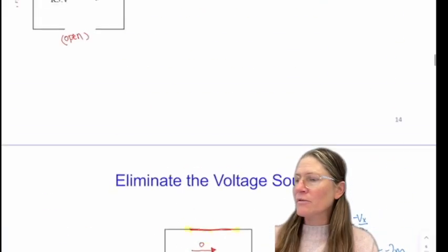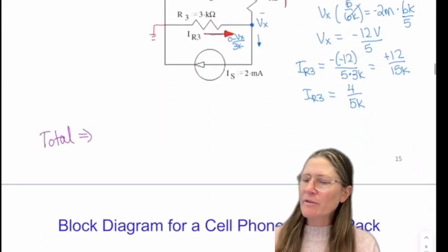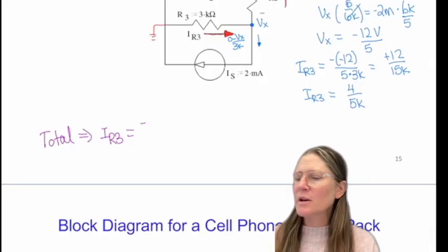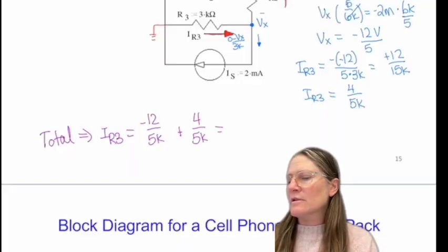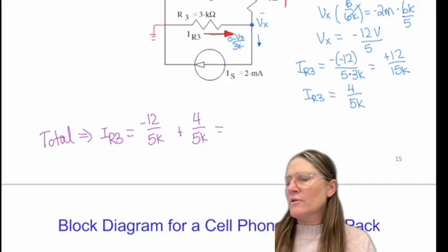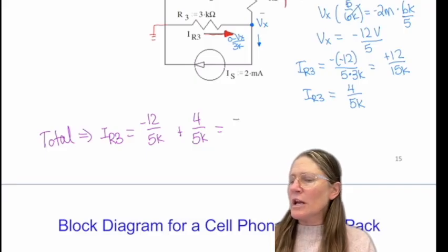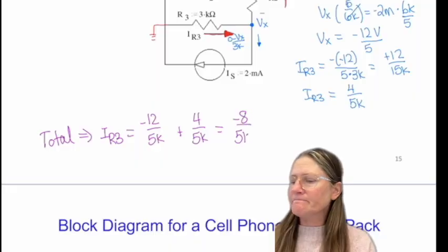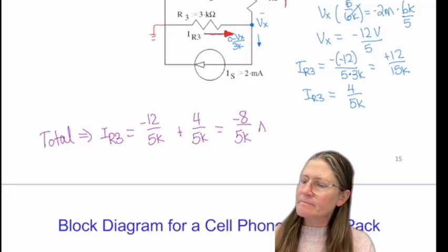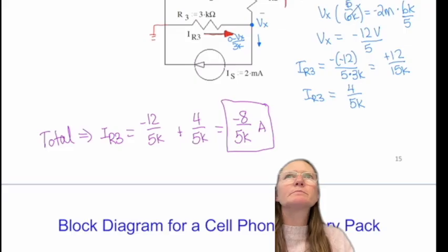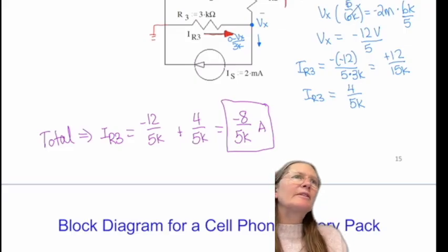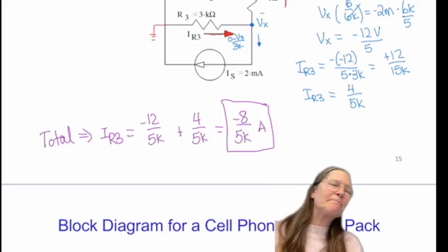So IR3 is going to be a minus 12 over 5K, and then a plus 4 over 5K, for a negative 8 over 5K. And that will be in amps. So that would be my answer. Does that make sense? Okay.